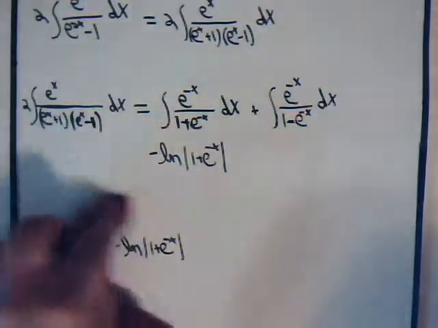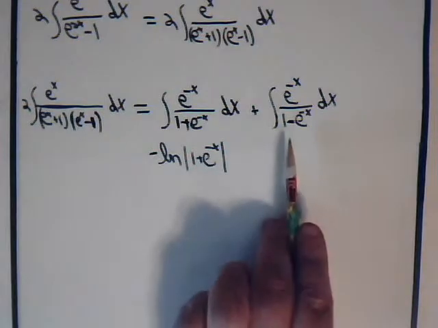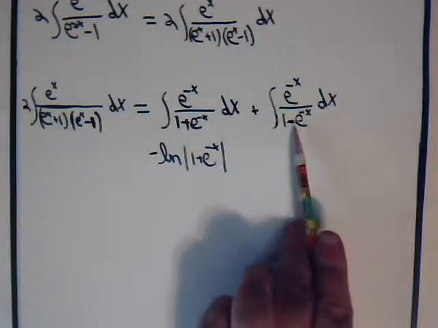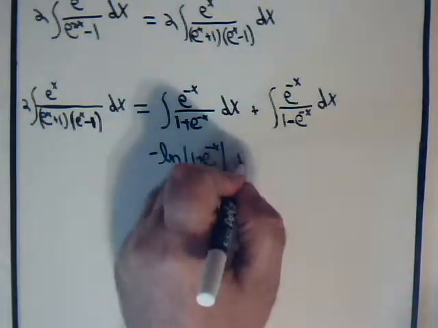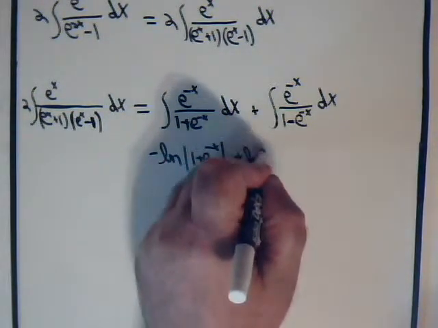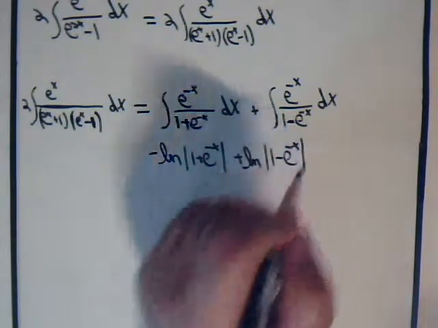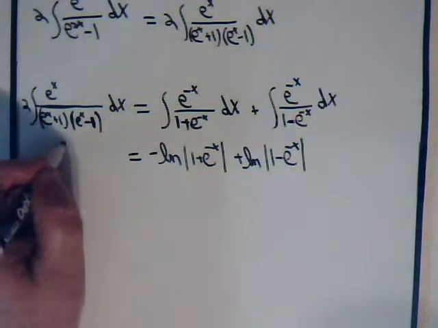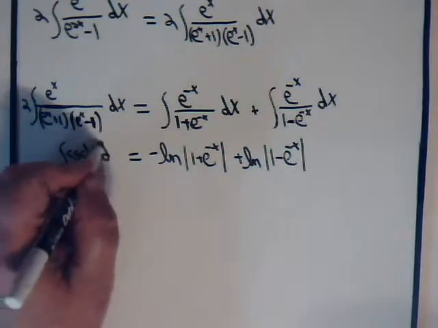And for the next integral, obviously we want to do the same thing. If we call this u, then du would be, with this minus sign here, plus e to the minus x dx. So this integral is just simply plus the natural log of 1 minus e to the minus x. And so this here should be the hyperbolic cosecant of x.